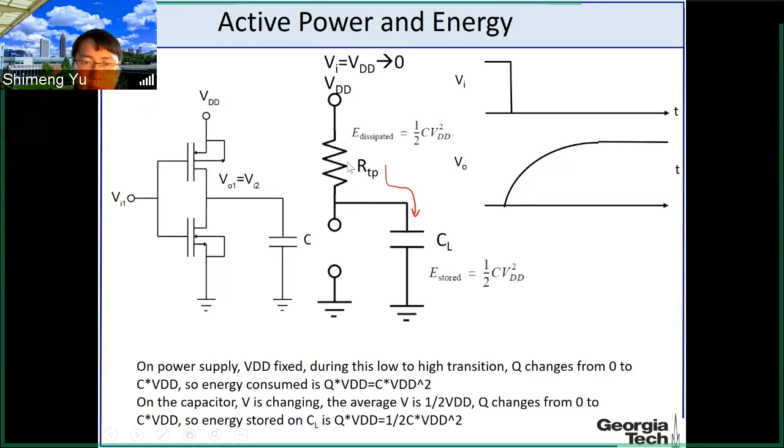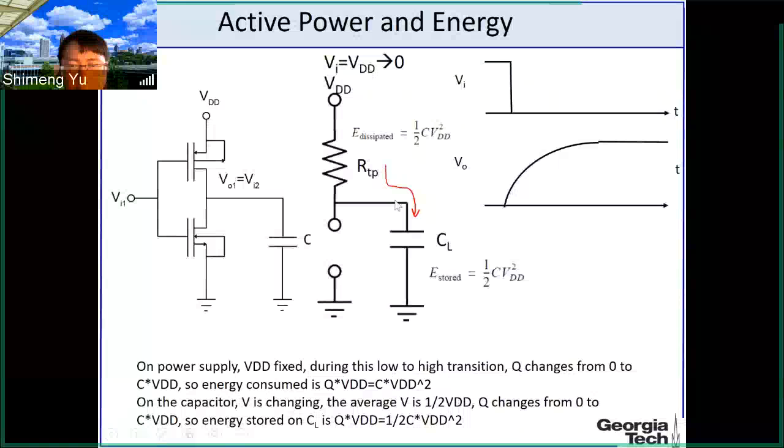This PMOS is charging this capacitor in this half cycle, that means the input is a falling edge. The energy is coming from the power supply, and the charge we are going to dump onto this capacitor all comes from the power supply.